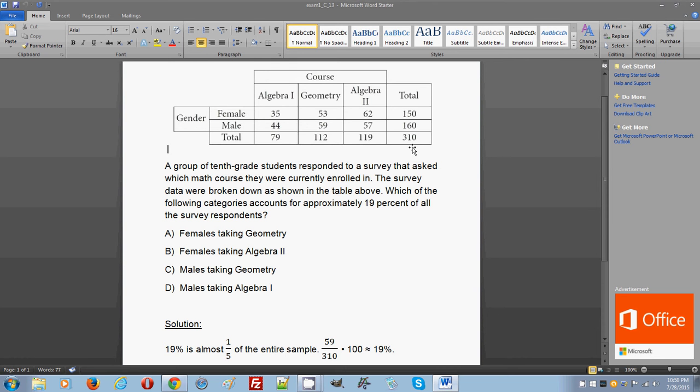Now, the total number of students must be 310. And this is expressed as a sum of the total females and males, right? And also, this total is a sum of the total number of students in each group. One group is Algebra 1, the second group is Geometry, the third group is Algebra 2.